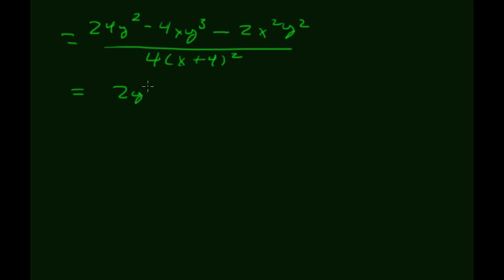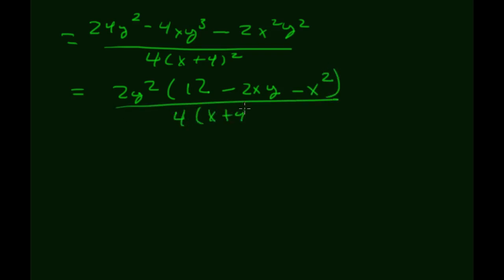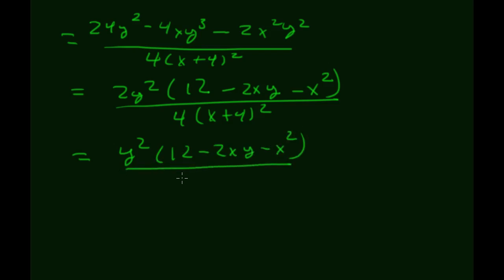So I should be able to pull a 2y squared out, which gives me 12 minus 2xy minus x squared all over 4 times x plus 4 squared. Okay, so that's, well, let's see, we can do a little bit of a division there. Y squared is 12 minus 2xy minus x squared all over 2x plus y squared, right?